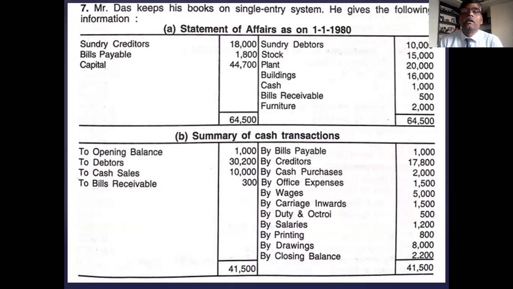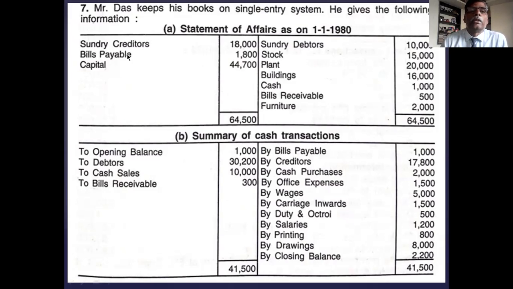Therefore, you have to prepare the bills receivable and bills payable. So only two set of accounts you have to prepare. One is account related with debtors. Second is account related with creditor. This is the pre-requirement.